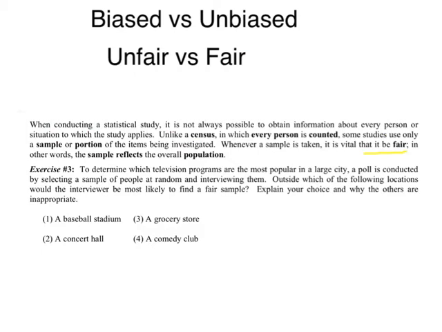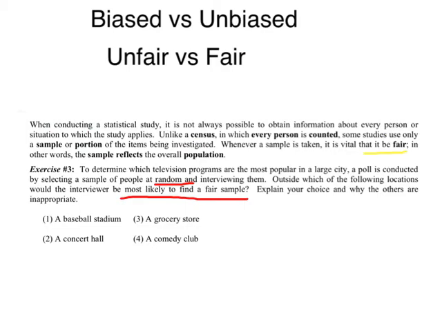In other words, the sample reflects the overall population. To determine which television programs are the most popular in a large city, a poll is conducted by selecting a sample of people at random and interviewing them. Outside which of the following locations would the interviewer be most likely to find a fair sample? Explain your choice and why the others are inappropriate.